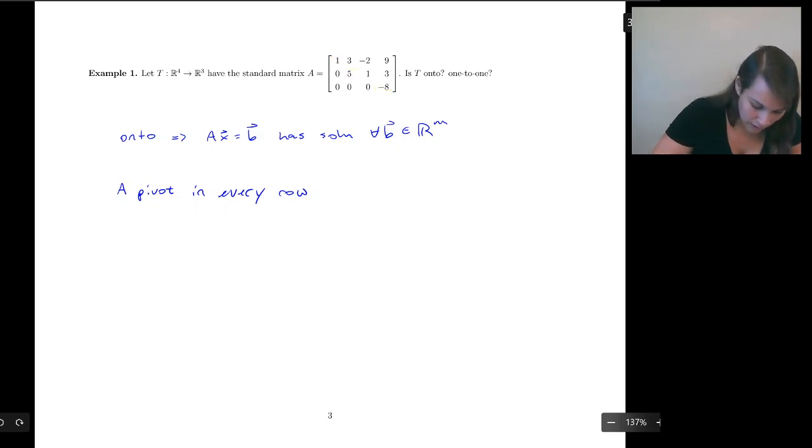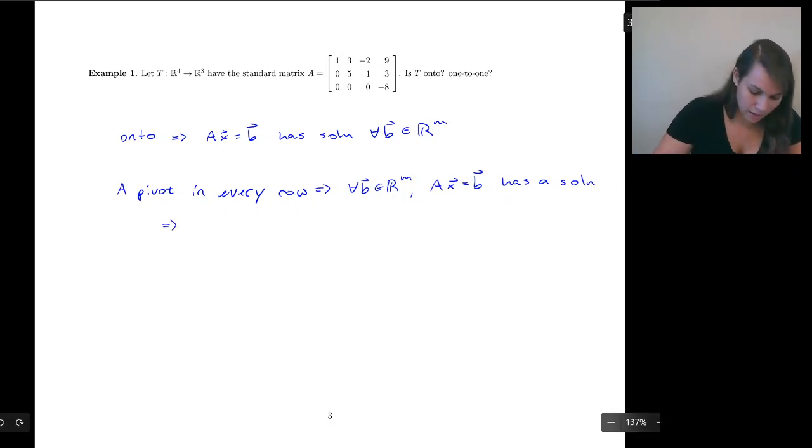So that implies that for all b in Rm, Ax equals b has a solution. Then that implies T is onto.